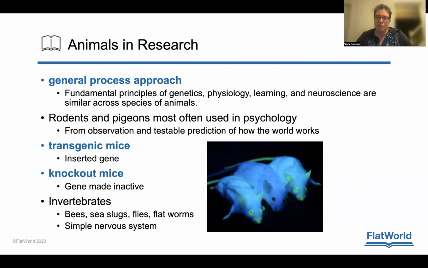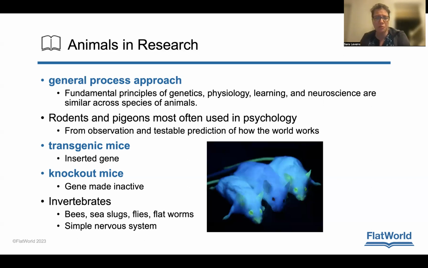So there are certain similar processes in terms of genetics, physiology, how learning occurs, how animals and people react similarly in certain situations, and neuroscience in terms of the way neurons function across species for similar types of behavior. These are all ways that we can learn about how information processing occurs, whether it's for humans or for animals.